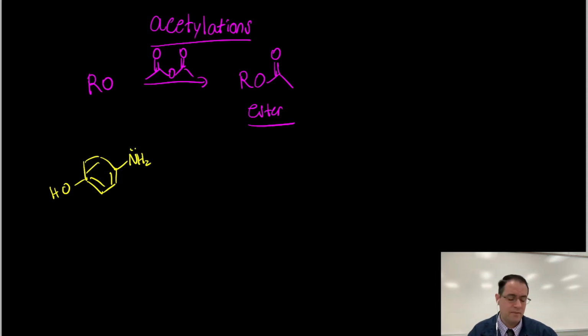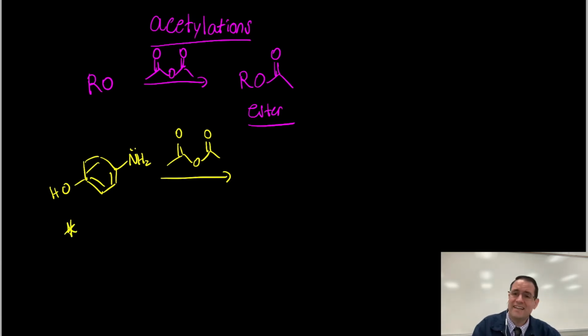All right, so we might call this para-hydroxyaniline. And if you treat this with acetic anhydride, I should mention here that nitrogen is more electropositive.